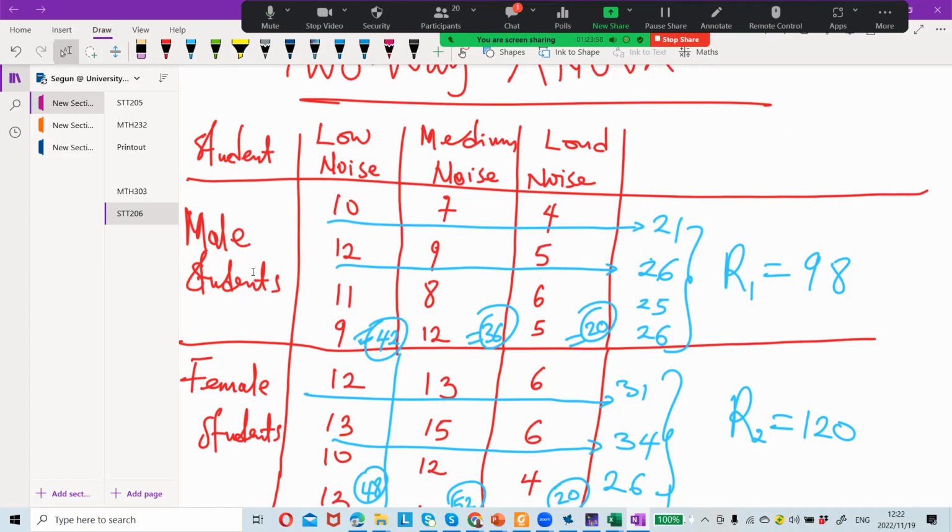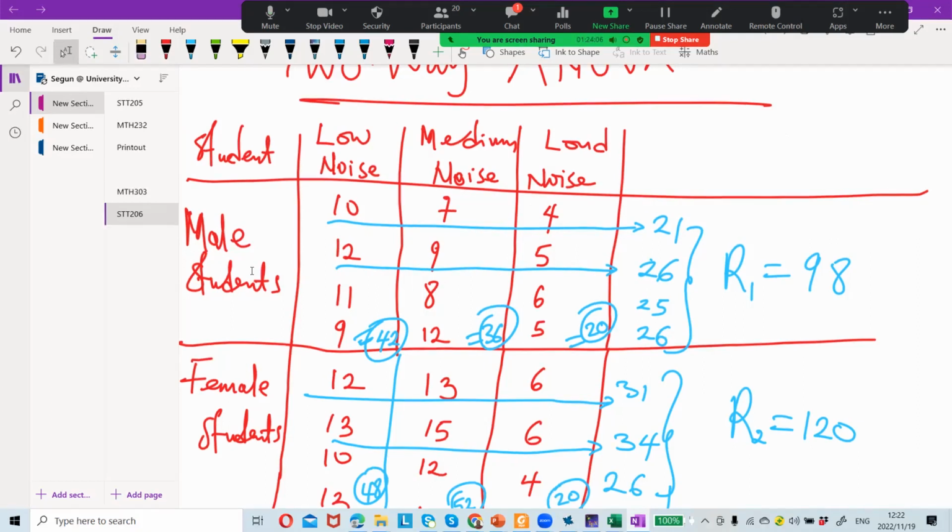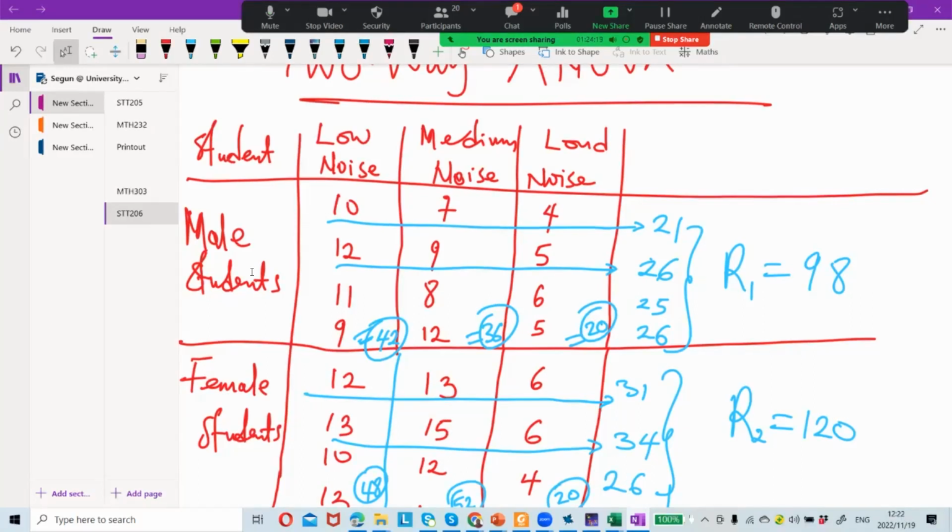So are you the type of student who does well with low noise, medium noise, or loud noise? And does gender affect how the student reacts to the noise? These are related to the alternative hypothesis.